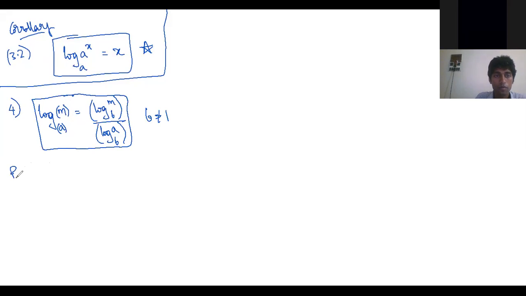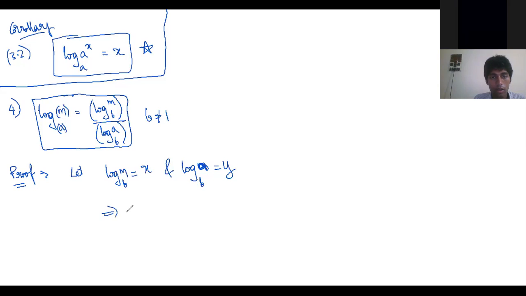So what is the proof? Let log of m base b equal x, and let log a to the base b equal y.